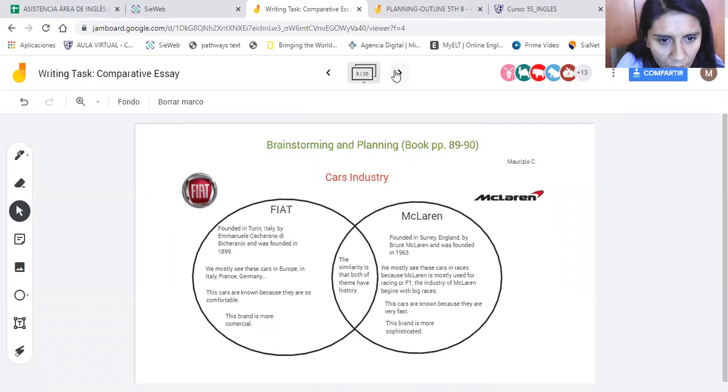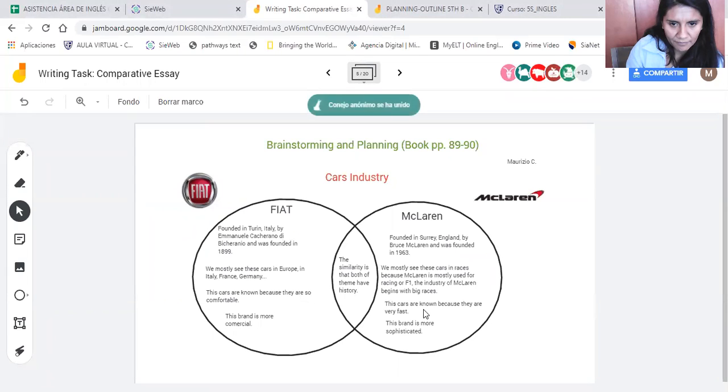Okay. Quality. Because you mentioned they are comfortable and, on the other hand, they are fast. You mentioned comfortable, and so that is quality. In this case, I just observed two characteristics.